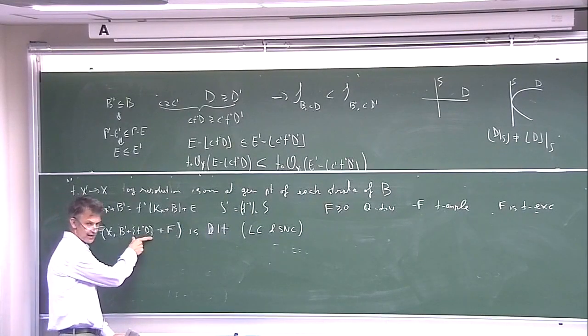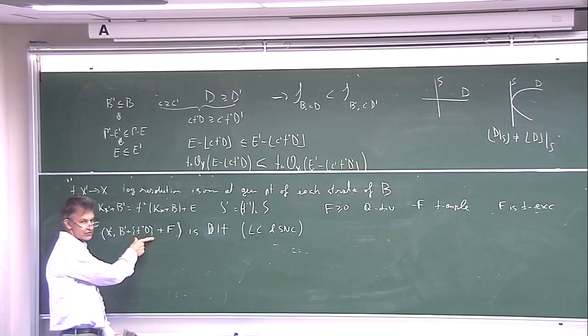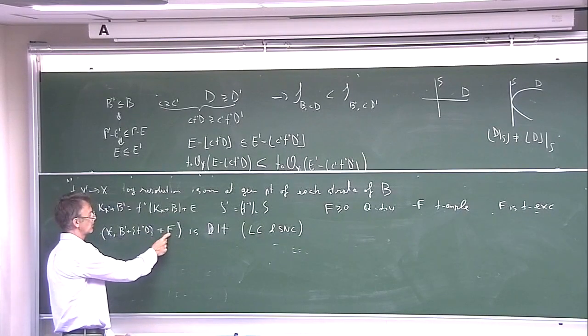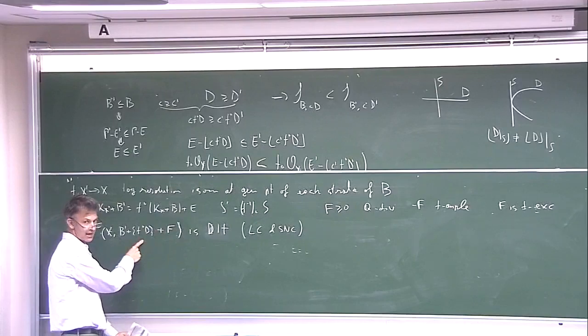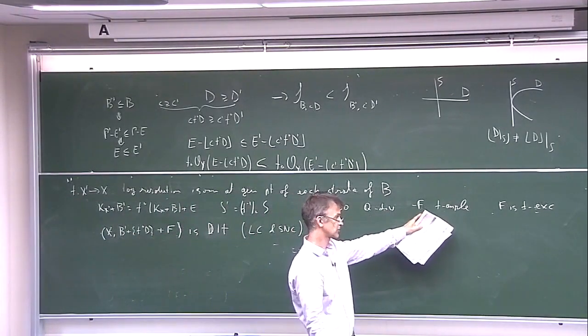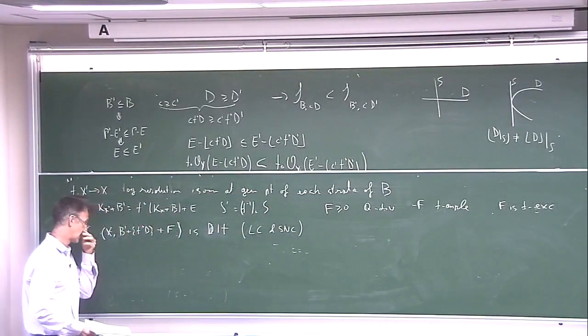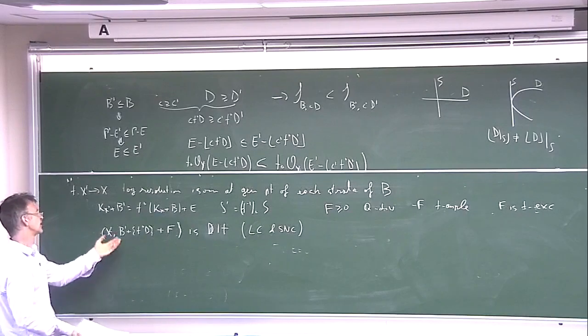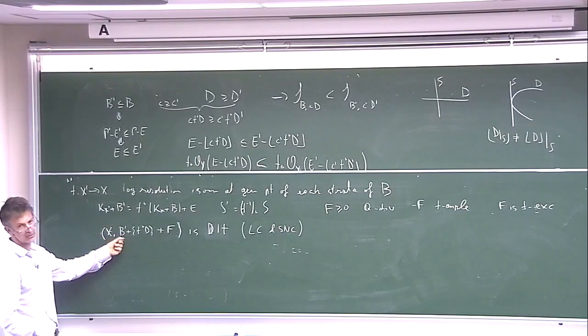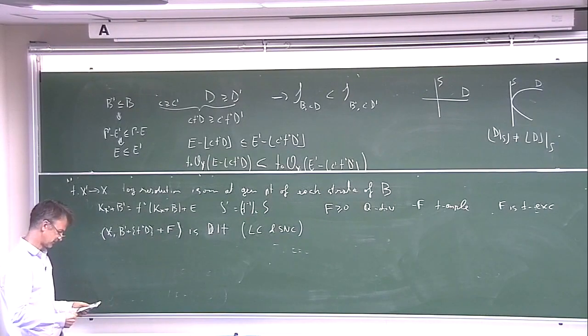This is a fractional divisor that intersects this divisor transversely and has coefficient less or equal to 1, so we're in good shape. These divisors here could have something in common with this one, but I can assume that the coefficients of F are arbitrarily small, so I can guarantee that this is DLT. In fact, the only stuff with coefficient 1 is the strict transform of the divisor B. So it's a fancy name for a simple observation.